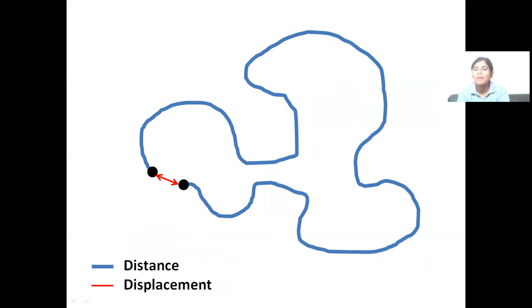Now let's take an example like this. Imagine I start from here and I follow along the blue path and I move around and I come back to this point. Now, this entire path, the length of the entire path that I covered would be the distance. But the shortest distance between these 2 points, that would be my displacement.